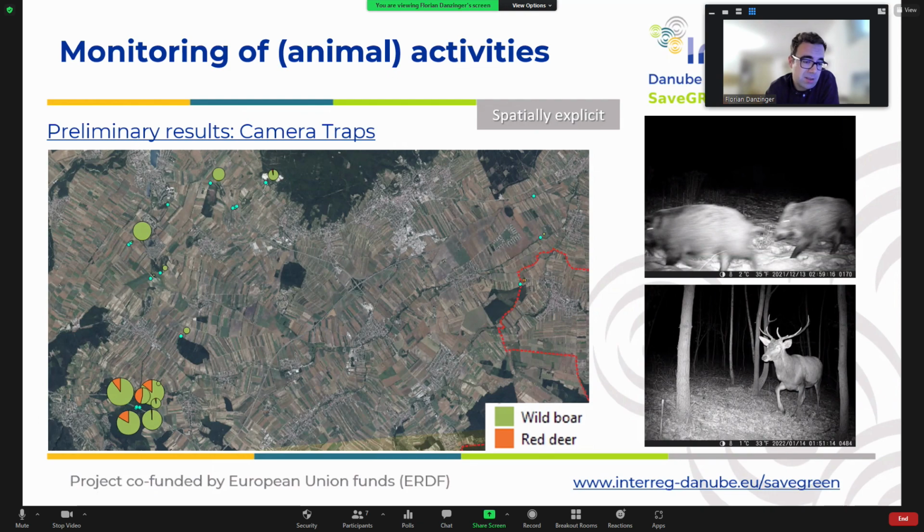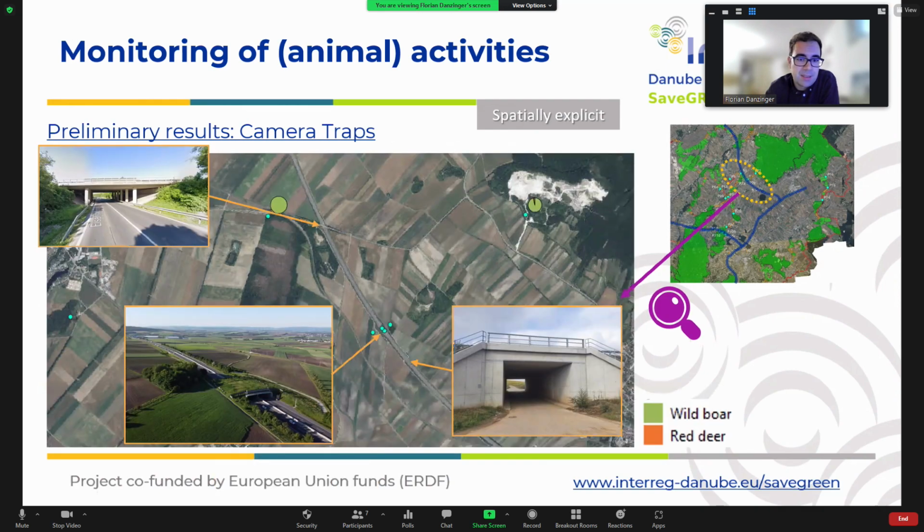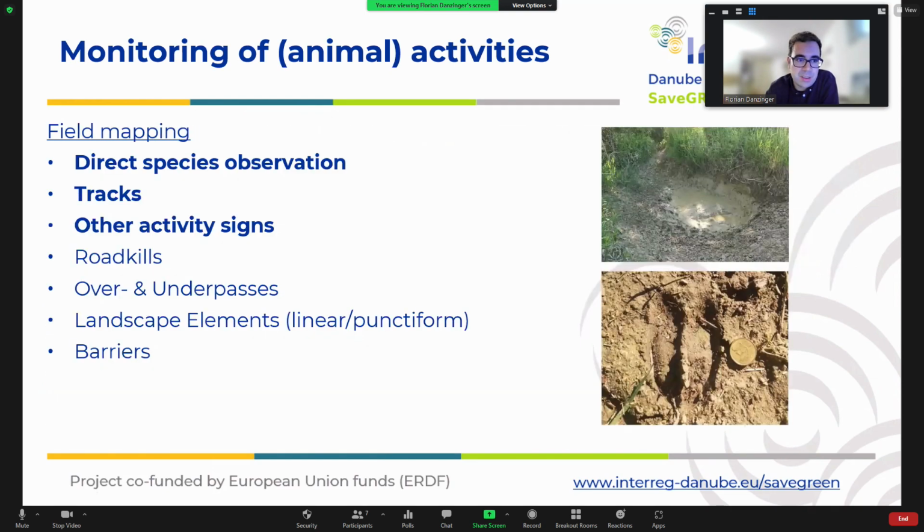They're using the bridge in the south, the bridge within the woodland, but they are hardly using or are not using the bridge in the open field. Here you can see it in detail, and here there is no evidence of wild boar and red deer using this green bridge.